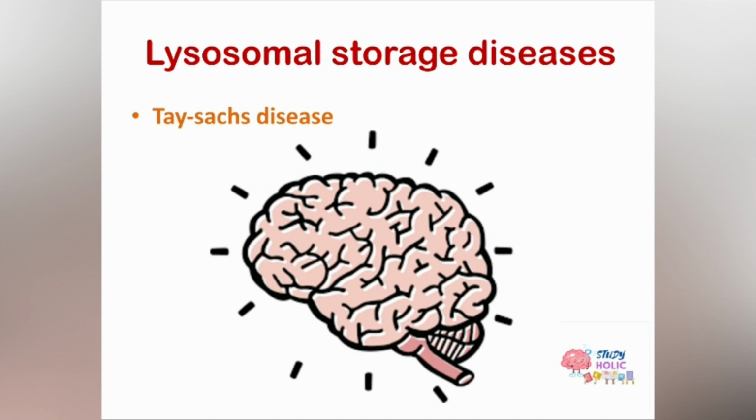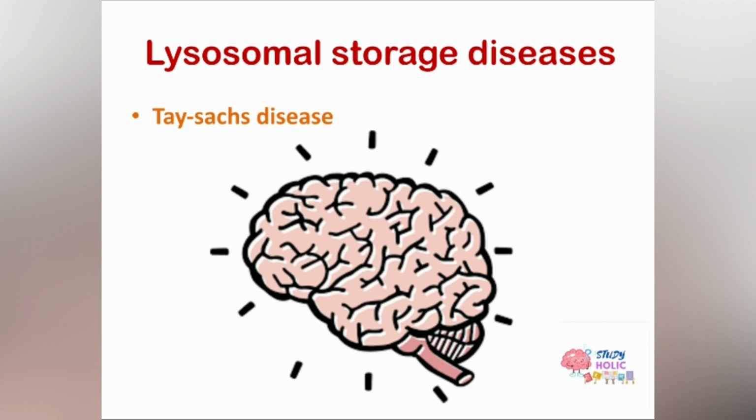How does Tay-Sachs disease arise? When the lipid digesting enzyme is missing or inactive, the absence of the lipid digesting enzyme results in Tay-Sachs disease. Why have I drawn the brain over here?